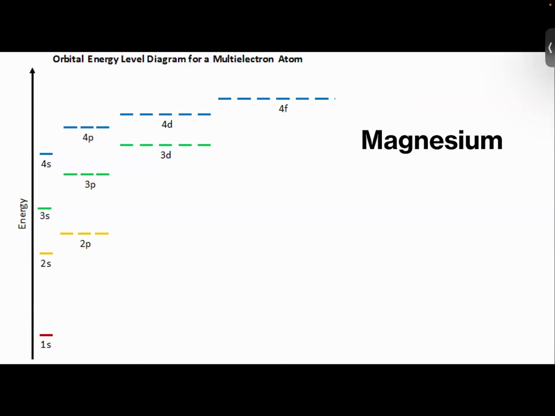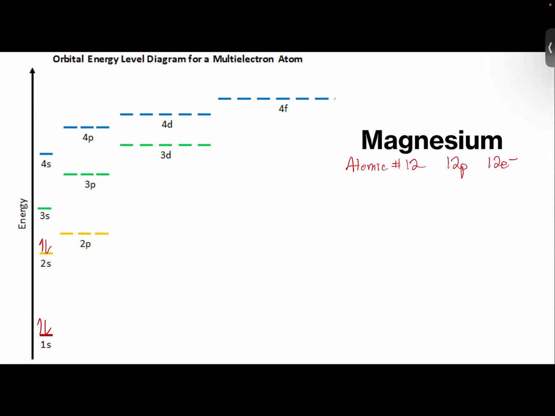Okay, magnesium is element 12. So it has 12 protons and 12 electrons. We start at the lowest energy, so 1s, and put 2 in there. Then we move to the next lowest, so the 2s2.